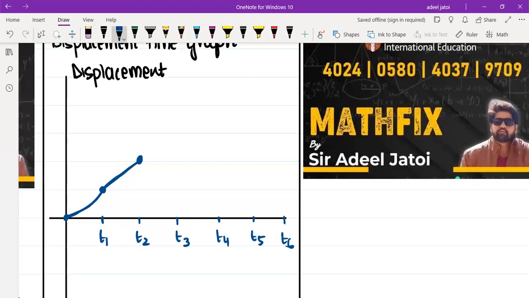Then we'll have decreasing velocity. From T3 to T4, velocity is 0 but at rest. Here's the interesting part.